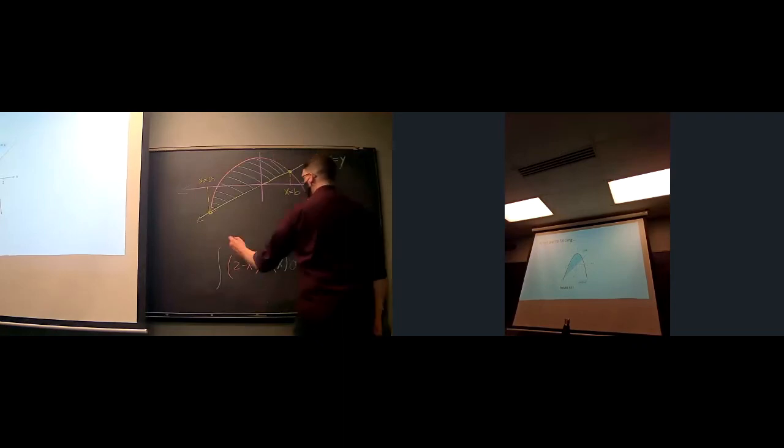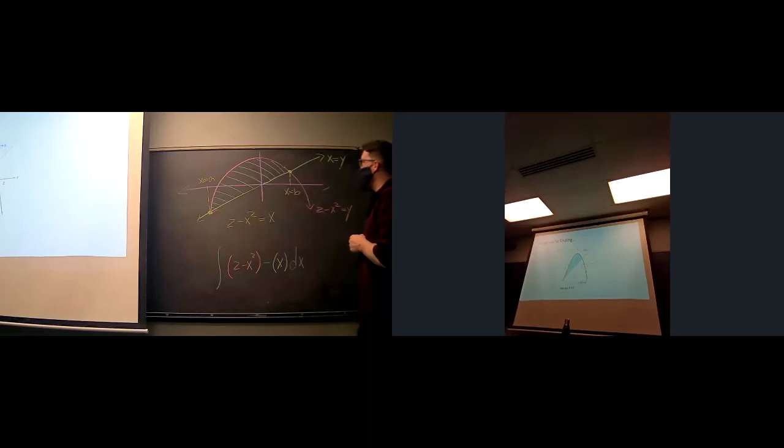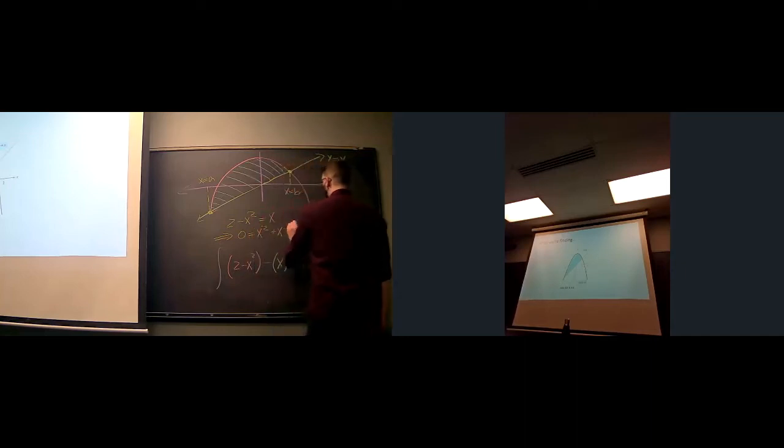Okay, so what we're saying then is 2 minus x squared is equal to x. This then tells us, subtracting all this from both sides, 0 is equal to x squared plus x plus 2.